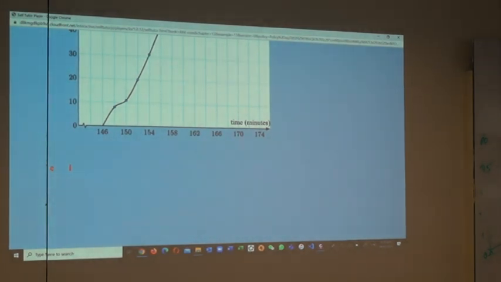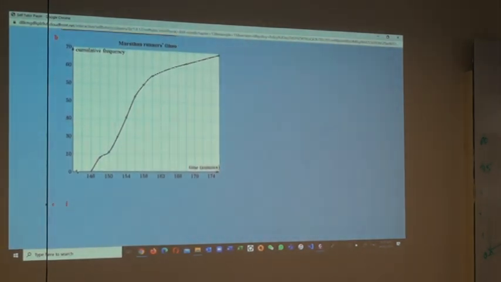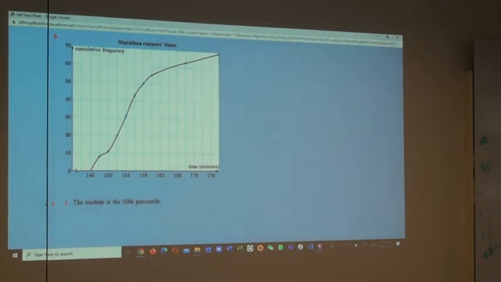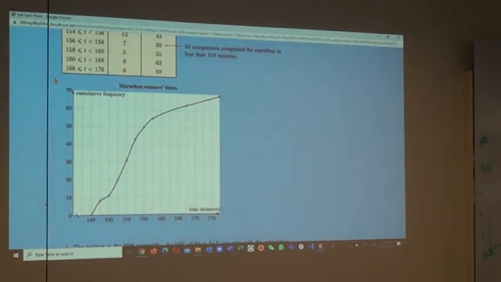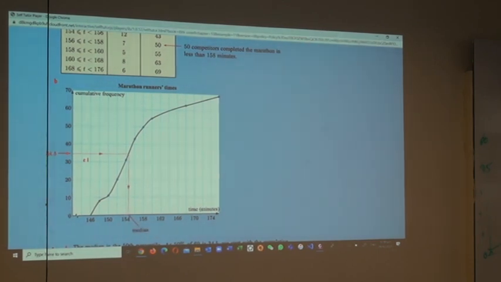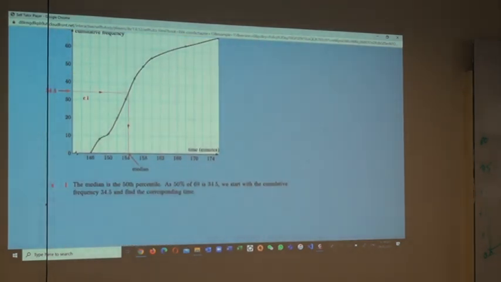Our first task is to estimate the median, which is the 50th percentile. 50% of the total number of competitors is 34.5. We start with a cumulative frequency of 34.5, then find the corresponding time. The median is about 154.5 minutes. Understand?